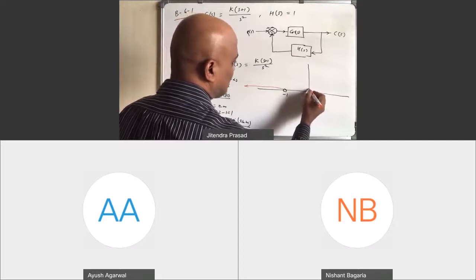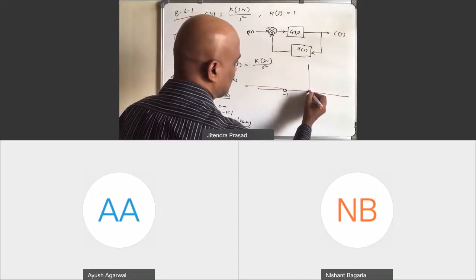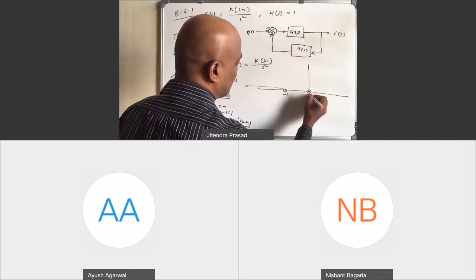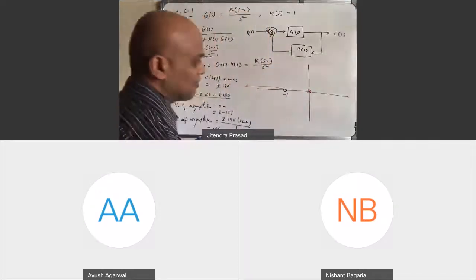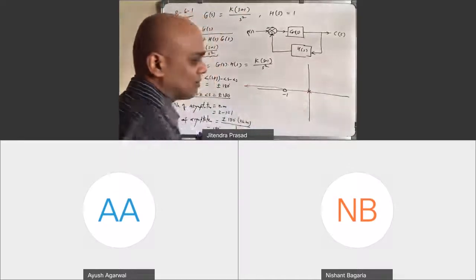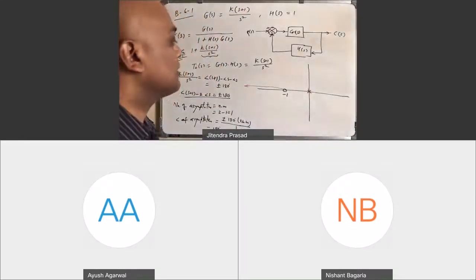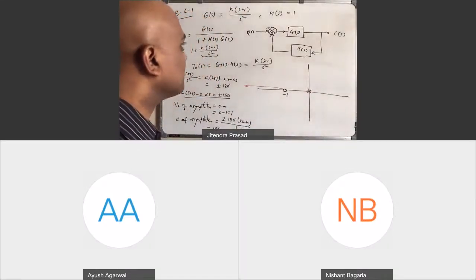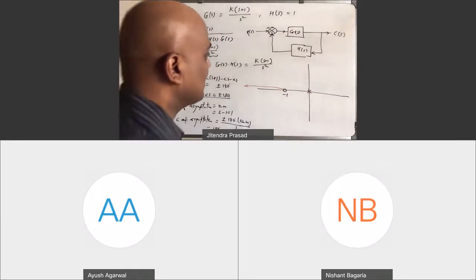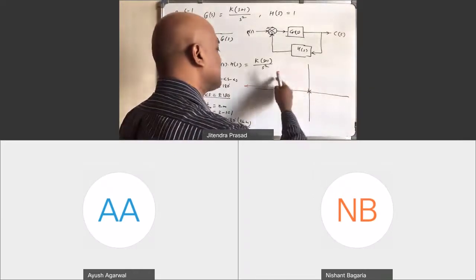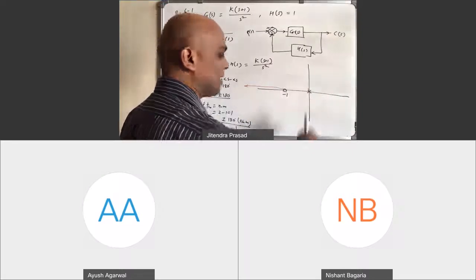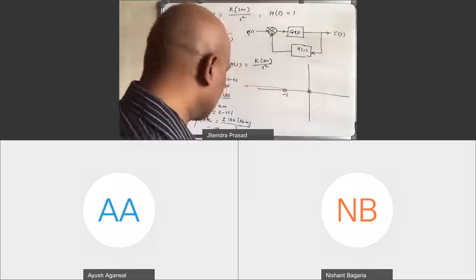That means there has to be some root locus here which is vertical, because both of them are making 90 degrees. Then how to find it out? For that we can find where it is meeting the real axis. Okay, so let us see.